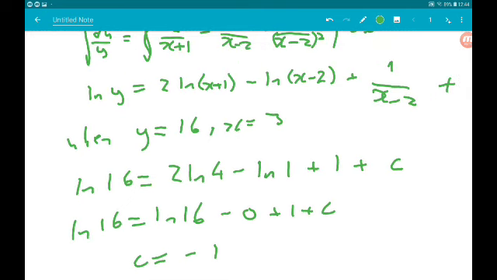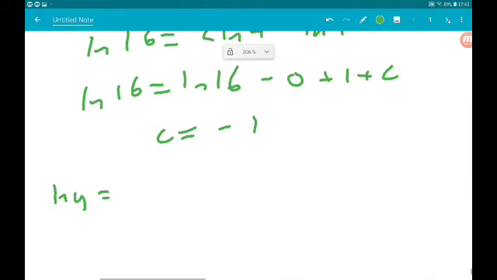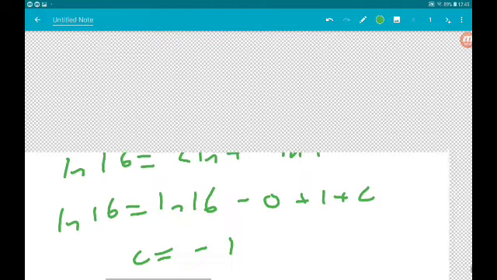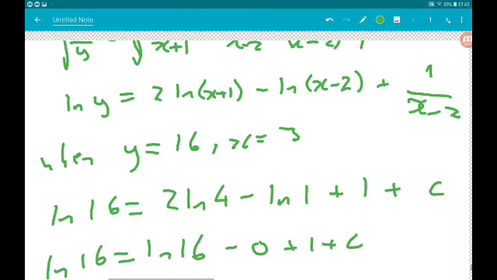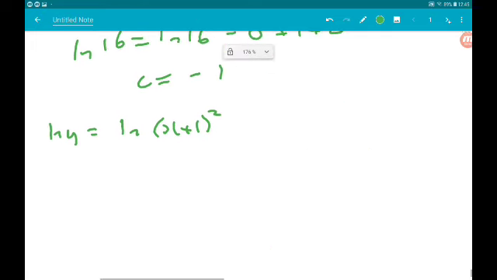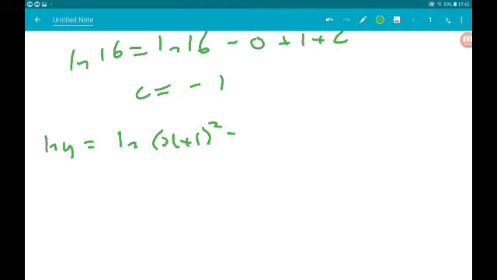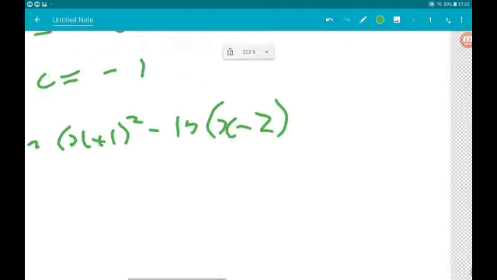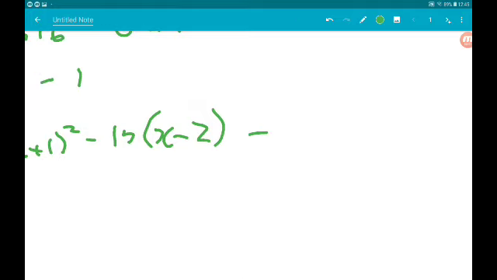So 2 log (x plus 1) is log (x plus 1) squared, minus log of (x minus 2), plus 1 over x minus 2, minus 1.